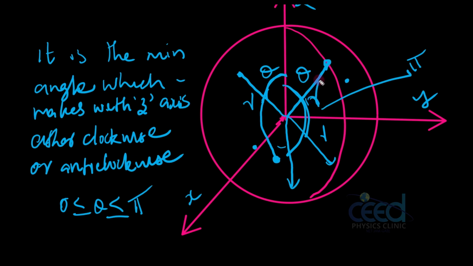This r vector, this point vector, can vary from 0 to infinity based on the size of the sphere you select. So r is varying from 0 to infinity. These are the ranges of r, theta and phi. Phi varies from 0 to 2 pi, theta varies from 0 to pi, and r varies from 0 to infinity. Keep all that in your mind.